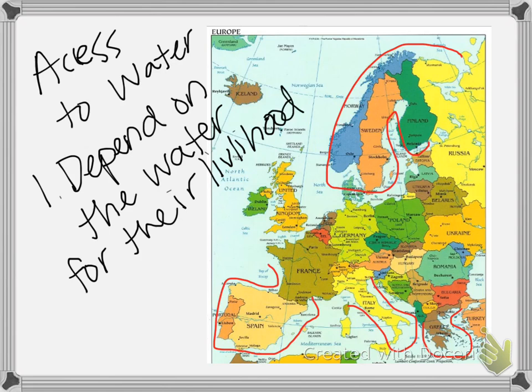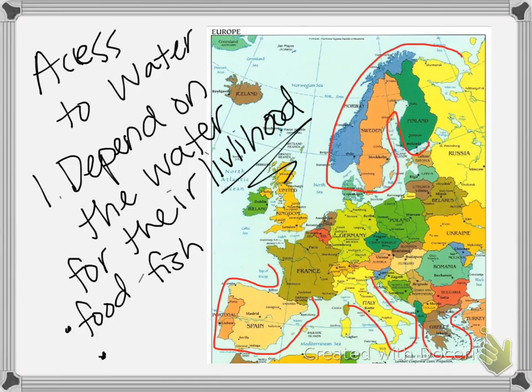And that means basically livelihood, their living, okay? Which that can include food, okay? They can be fishing, obviously, and it can also include trade. Their ability to have their goods be traded between other countries.